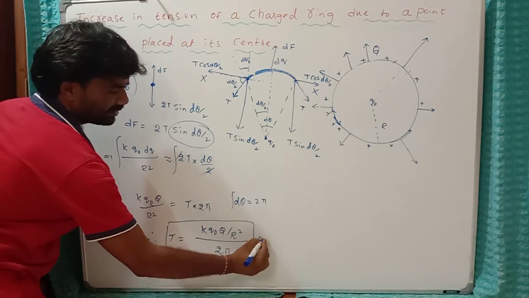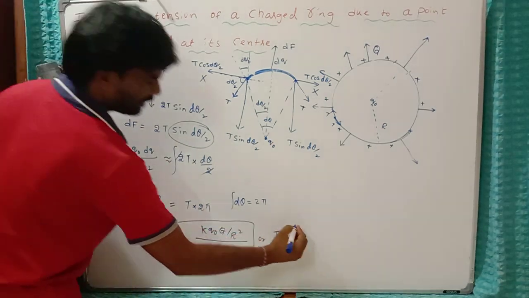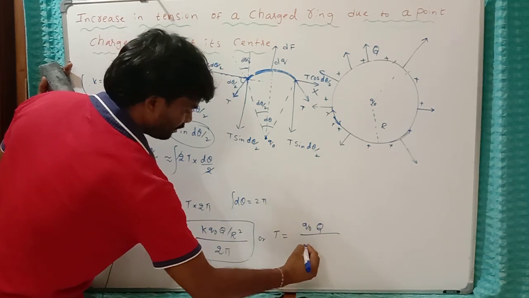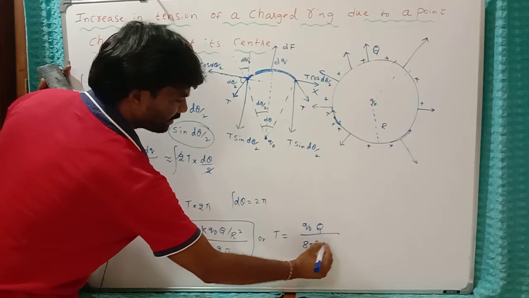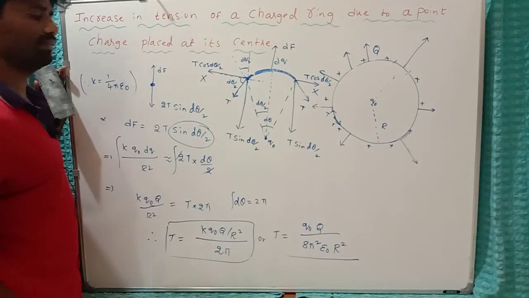Or you can write the same, with k as 1 by 4 pi epsilon naught, as T equals Q Q naught divided by 8 pi square epsilon naught r square. That is the answer.